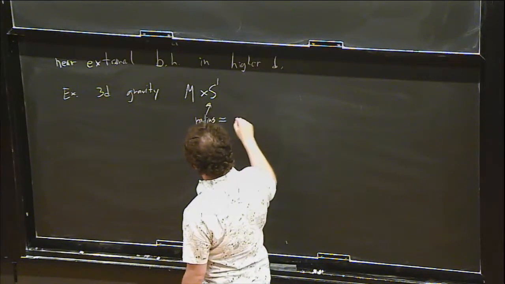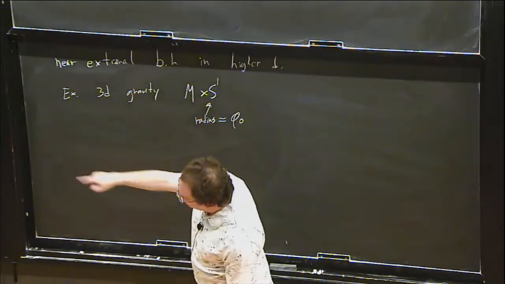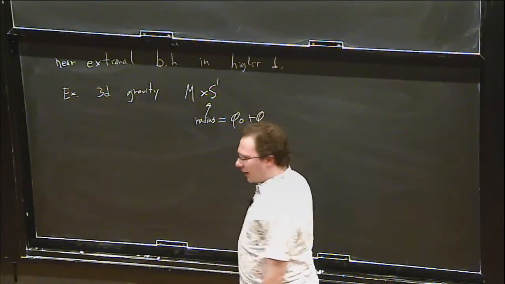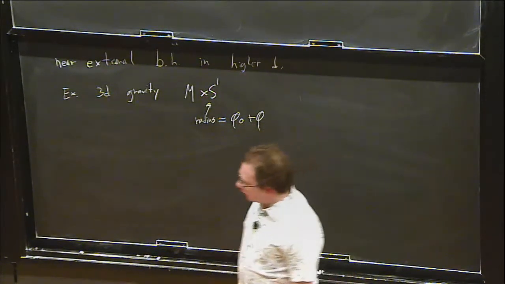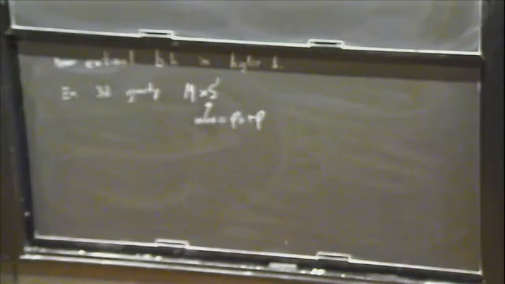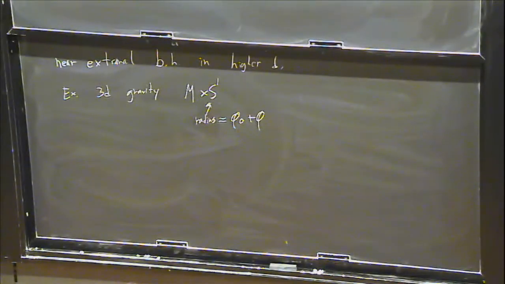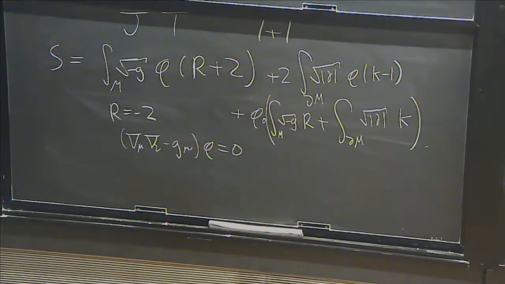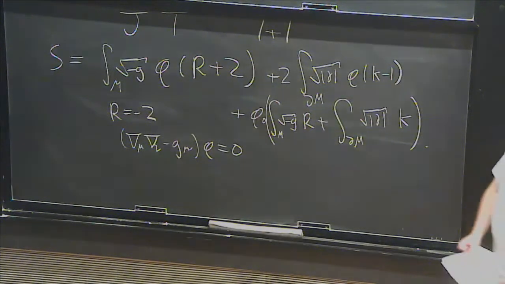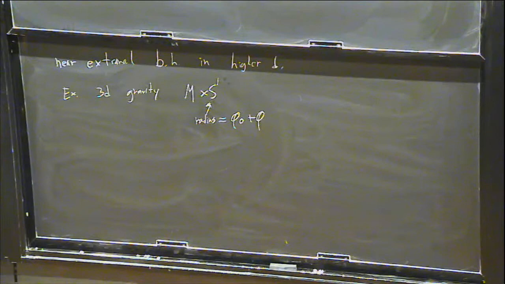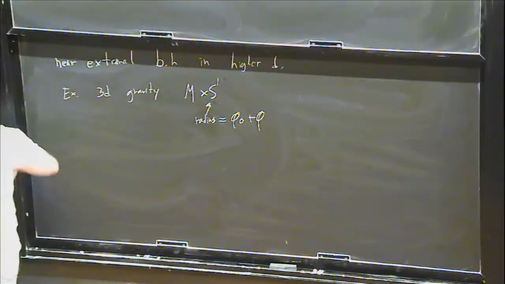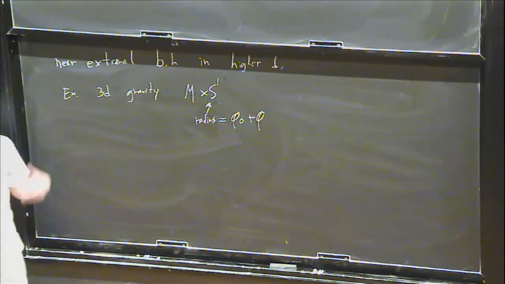And we can think of that as being roughly this phi 0 number plus phi, which is the dynamical field. So phi 0 is a constant, and phi is one of the fields of the theory. So if I took 3D gravity and reduced it to 2D on a circle, and kept track of the radius of the circle, then the 3D Einstein-Hilbert action would reduce to this object if I ignore the higher KK modes. So it's some kind of truncation.